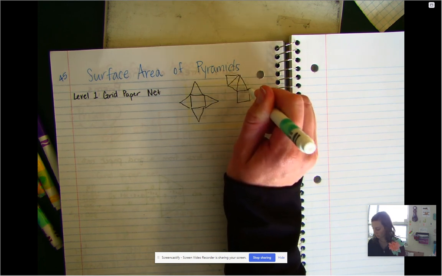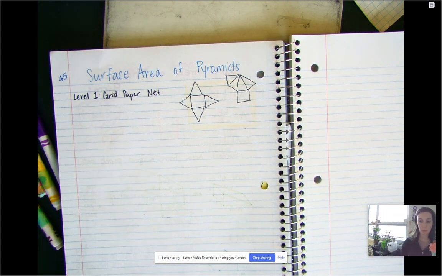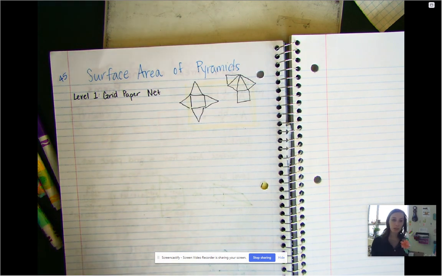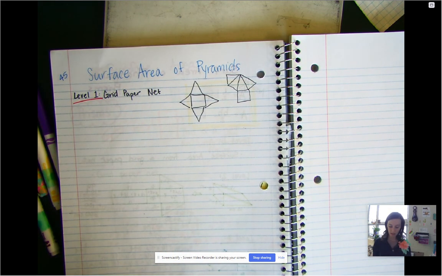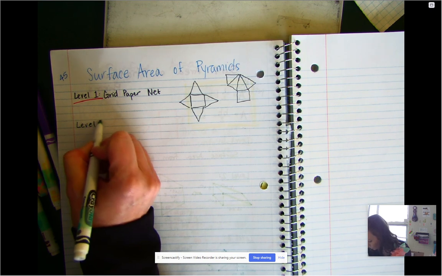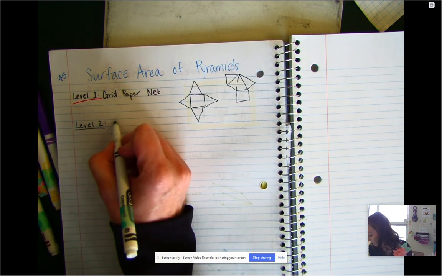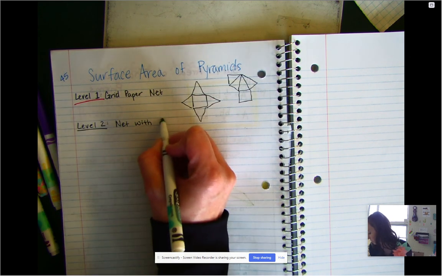Okay, either way, same shape. I'm not going to bore you because after seeing the last 2 videos, you maybe don't need level 1 demonstrated. But move on to level 2, which is they show you the net and they give you the dimensions.